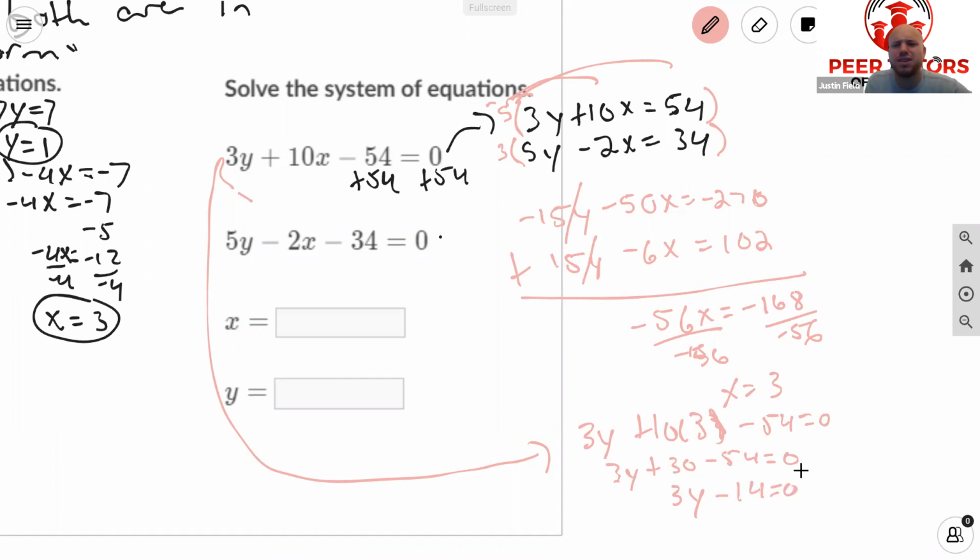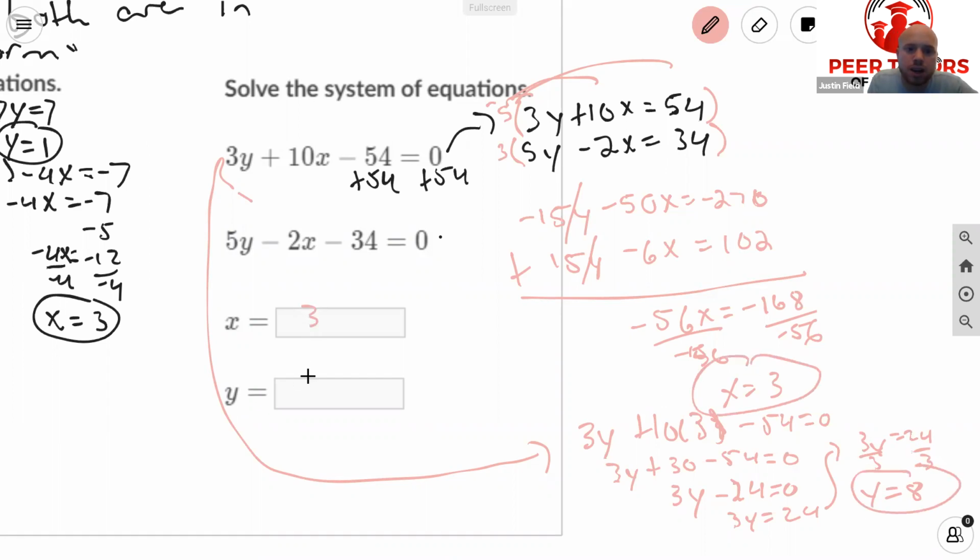Is that 24? 54 minus 30. Oh, is that 24? 24. All right. Thank you. All right. So 3y equals 24, and when we divide that by 3, we're going to get, I bet some people already know it, 8. So 3 and 8.